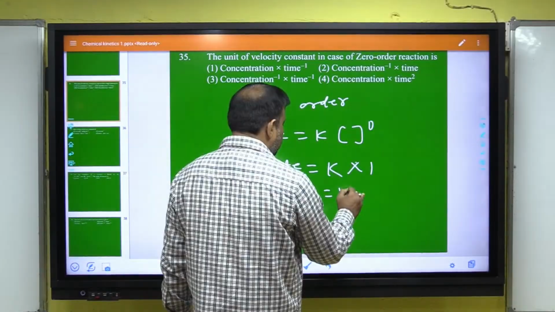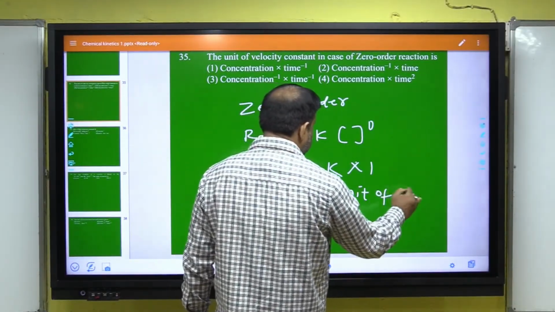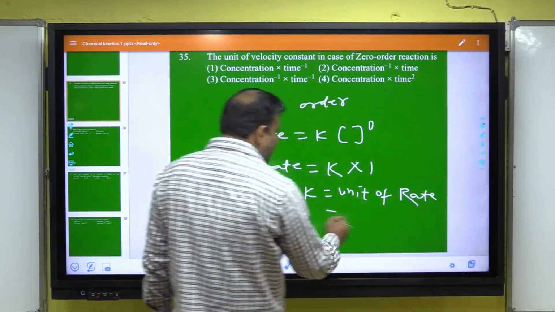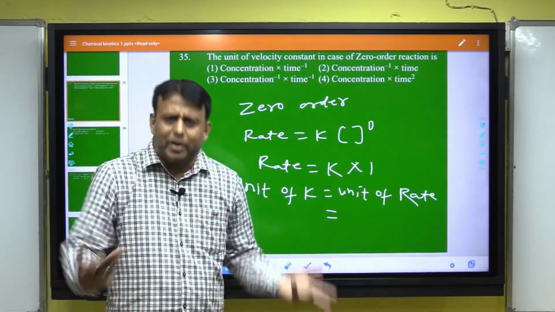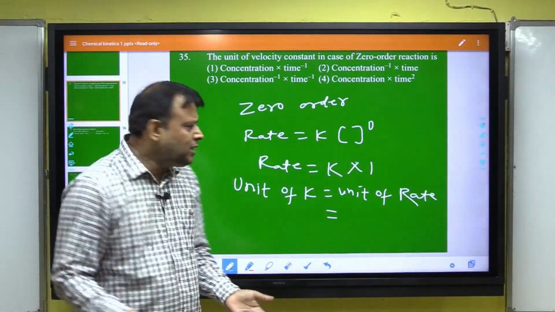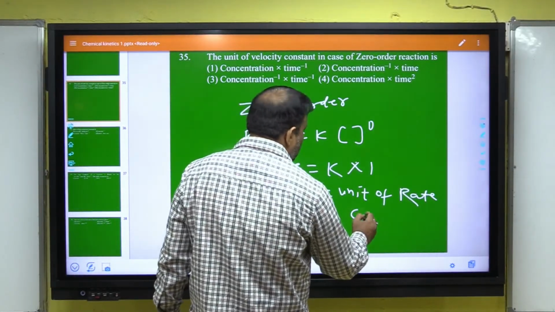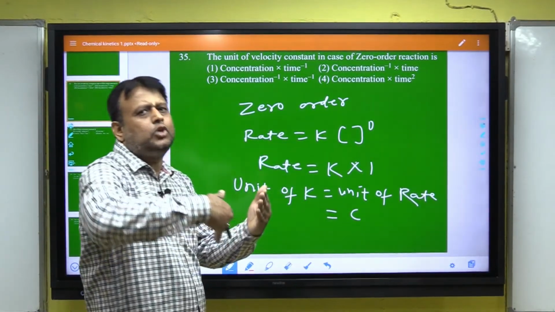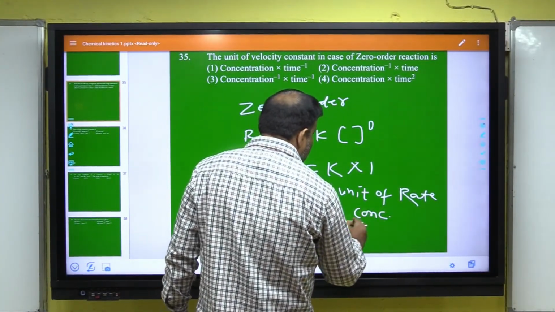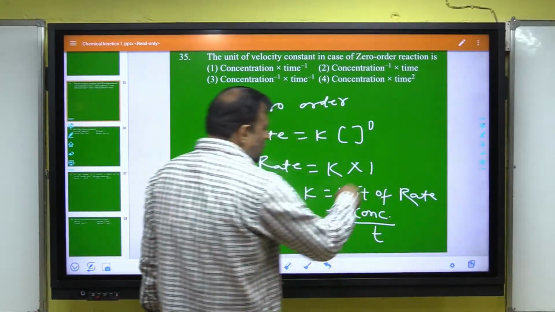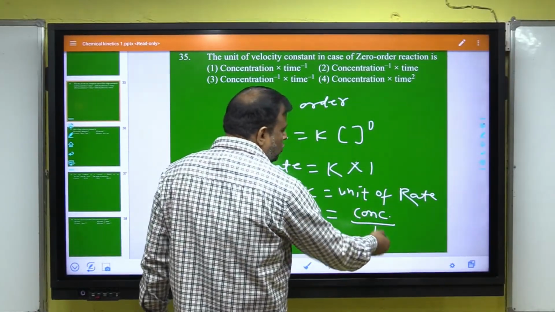Unit of rate. And what is rate? Change in conc by time into coefficient. Coefficient is a numerical value. Change in conc means unit of conc, divided by time. So what will be the unit? Conc into time inverse.